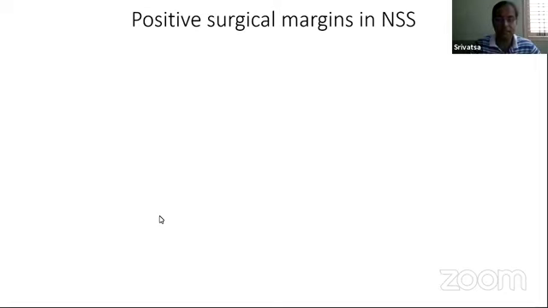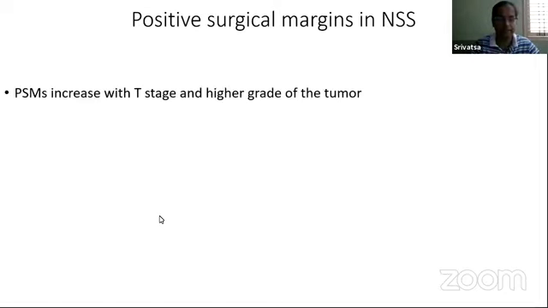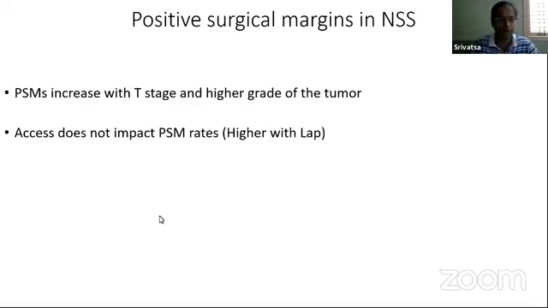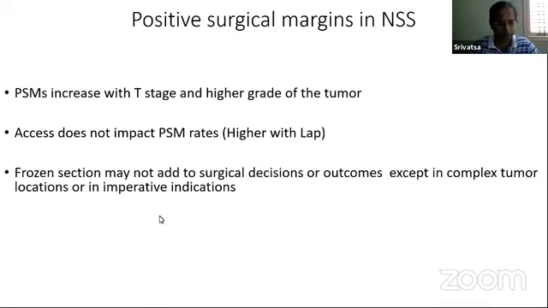Coming to positive surgical margins in nephron sparing surgery. Positive surgical margins increase with T-stage and higher grade of tumor. Access does not impact positive surgical margin rates, though there is now weak evidence that PSM rates are higher with pure laparoscopic approach.